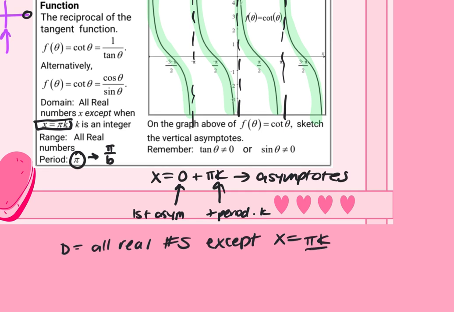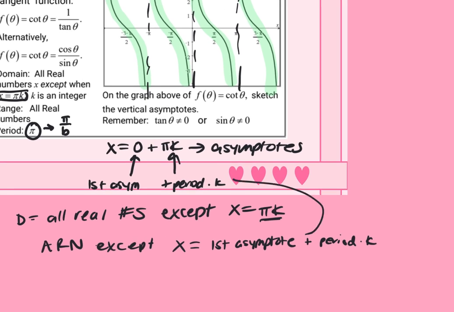And that's the parent function one. And for everything else, it's all real numbers except where x equals the initial asymptote plus the period times k, the same as you wrote for your asymptotes. So the asymptotes are where those values happen, and the domain is all the real numbers except where those happen.